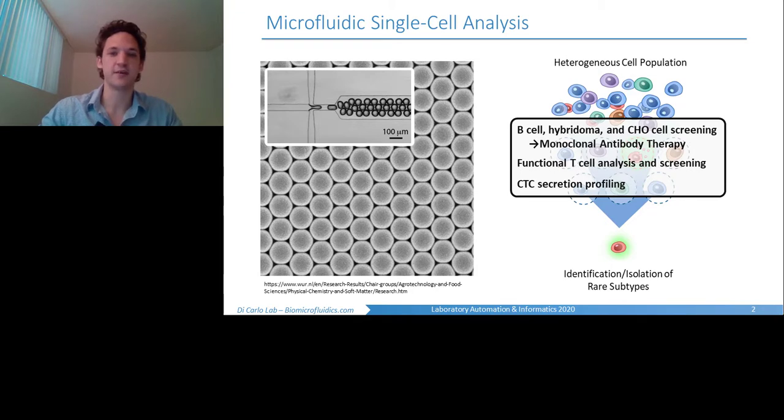And the real strength of this technology is that it gives you the capability to take a heterogeneous, for example, cell population, be able to look at individual cells and study certain phenotypes, and then be able to identify, or in some cases even isolate, rare subtypes of these populations.